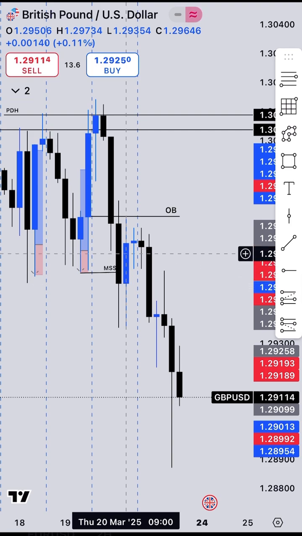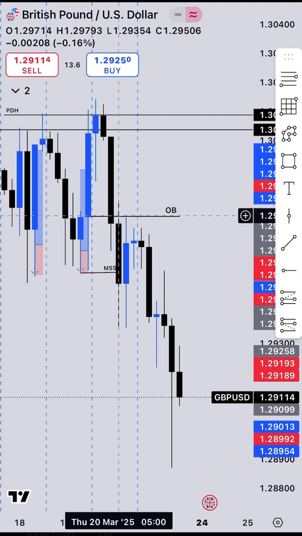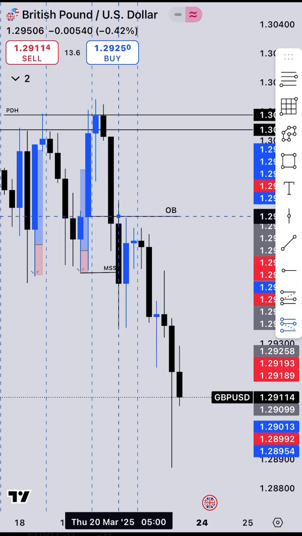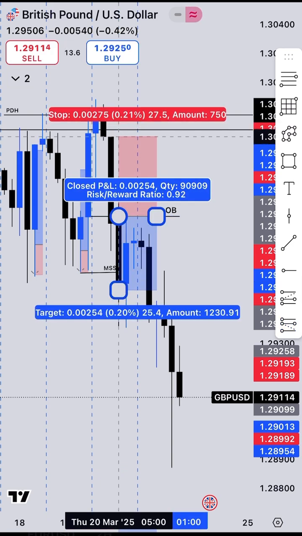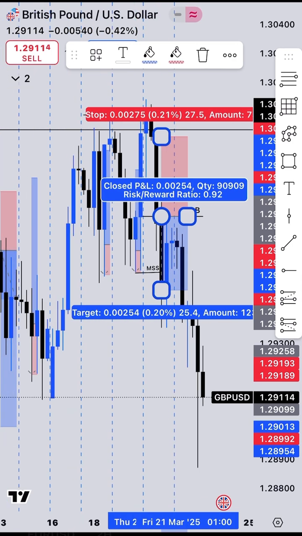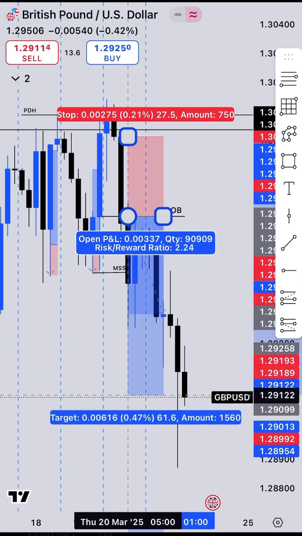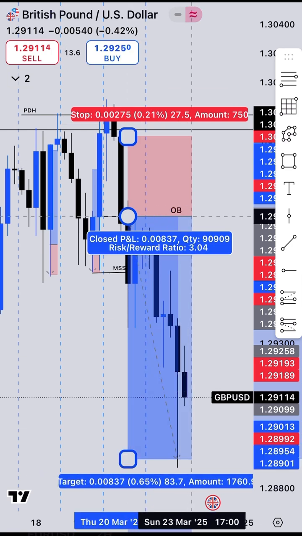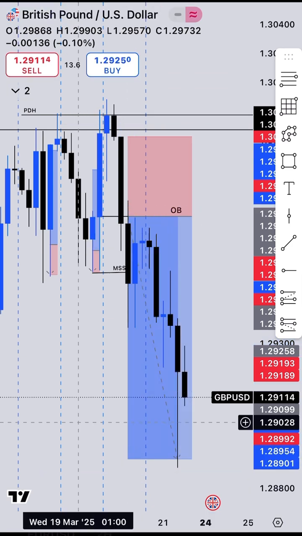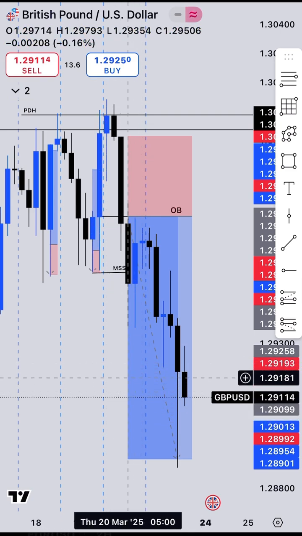Immediately the news happened, we started having a retracement. Price retraced to mitigate this order block. Immediately price mitigated it, I executed. My stop loss was around here, then I targeted 1 to 3 R.